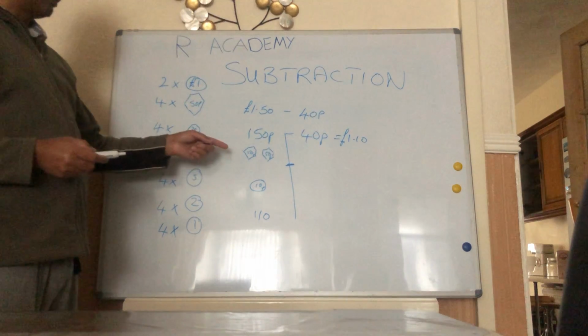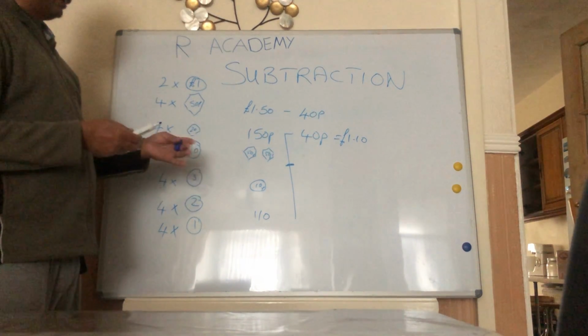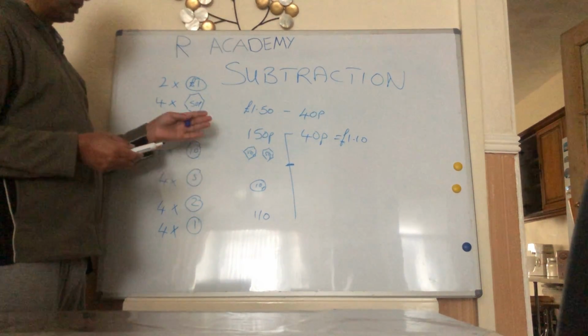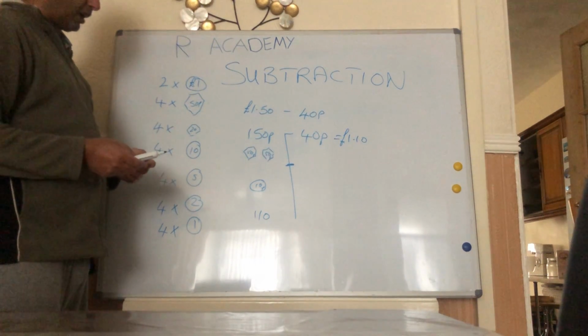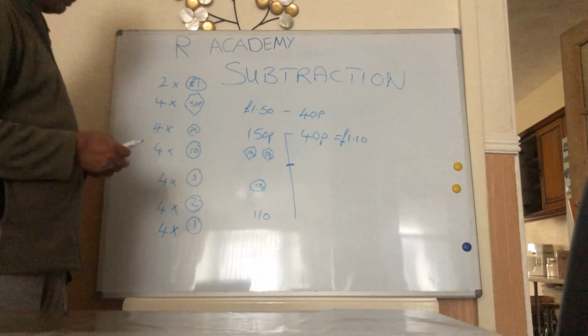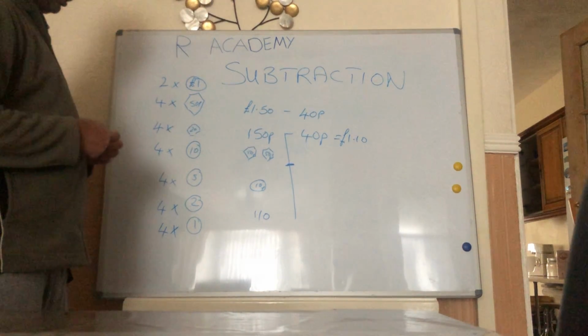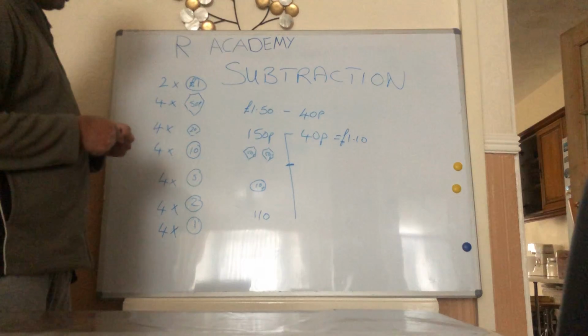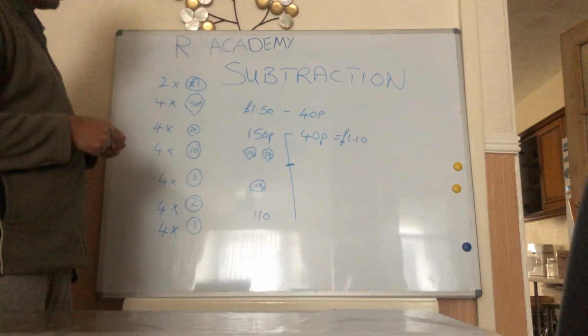That way they're learning about making up money, learning to use all the different coins, and they can learn about money as well as subtraction. The other thing that they're learning as well is addition at the same time.